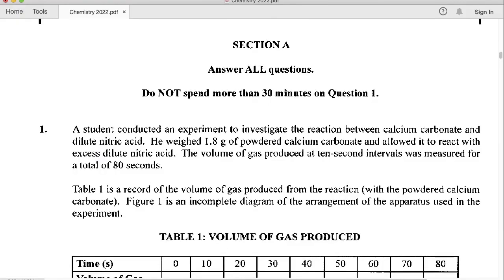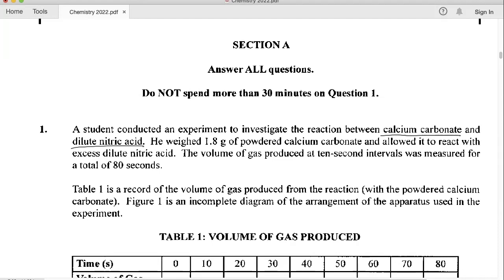It is recommended that we do not spend more than 30 minutes on question 1. A student conducted an experiment to investigate the reaction between calcium carbonate and dilute nitric acid.